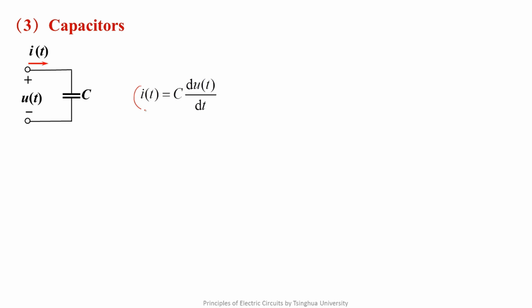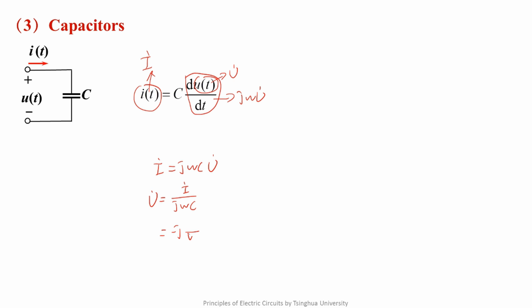By transforming the current and the voltage into their phasor forms, we get du/dt corresponds to j omega times phasor U. So the imaginary coefficient relationship between the capacitor voltage and the current is phasor I equals j omega C times phasor U. The equation is often written as phasor U equals phasor I over j omega C, or minus j times 1 over omega C times phasor I.